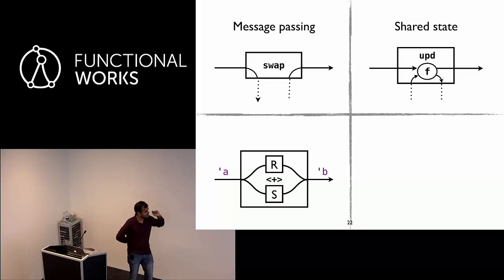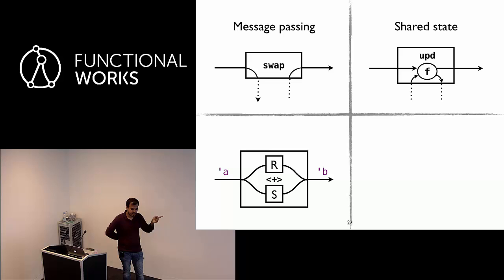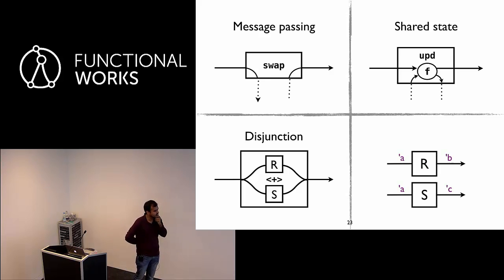Otherwise, it just gives you the value that is enabled by one of the reagents. So this is similar to the selective communication operator that you have in Concurrent ML and so on. And this represents disjunction of reagents.